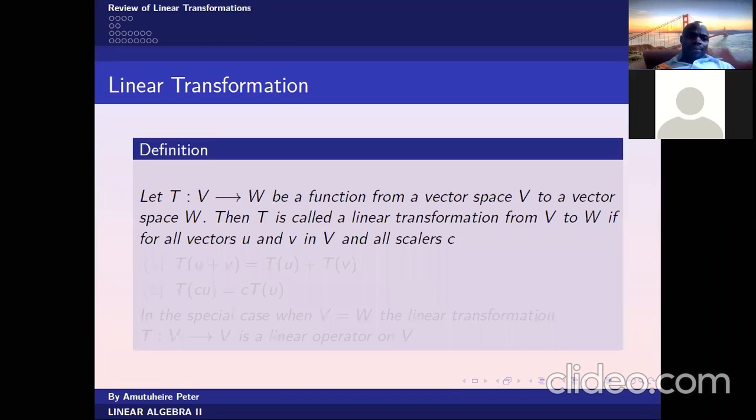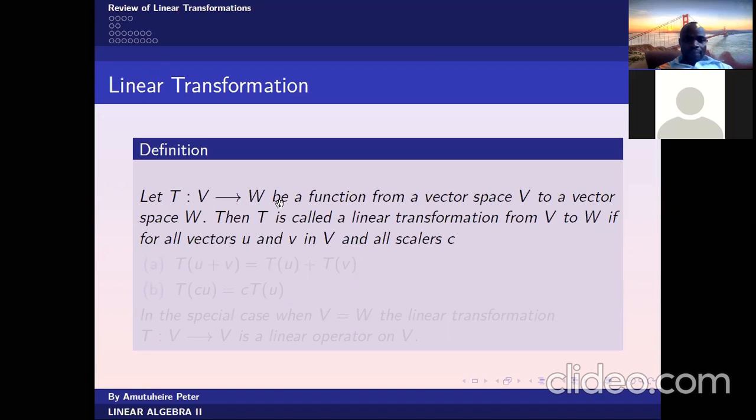Okay, so we proceed. What is a linear transformation? If we let T be a map that takes vector space V to vector space W, so it is a mapping.